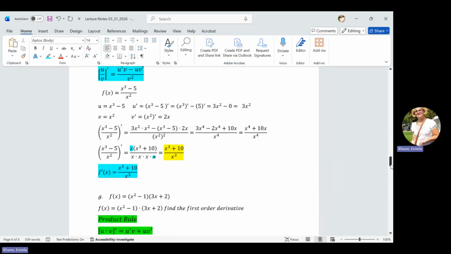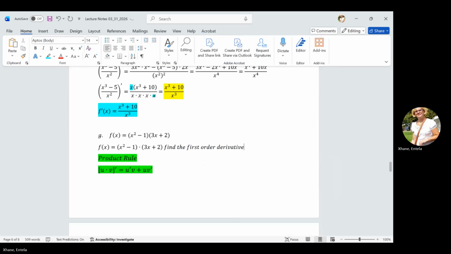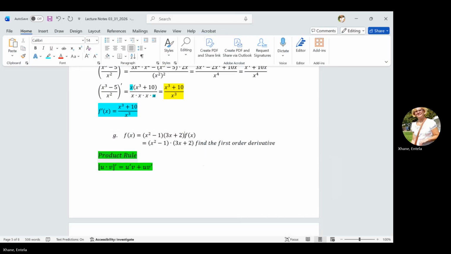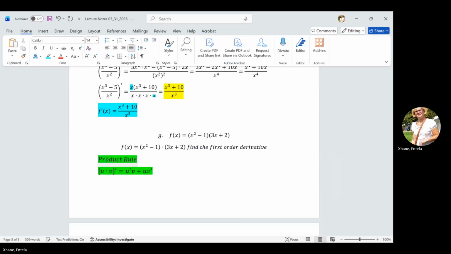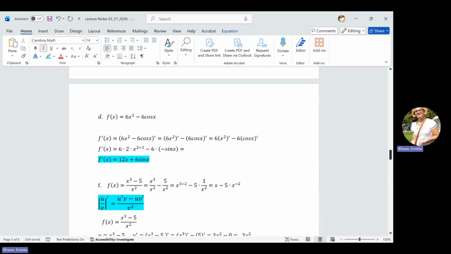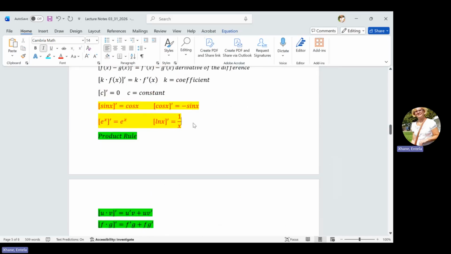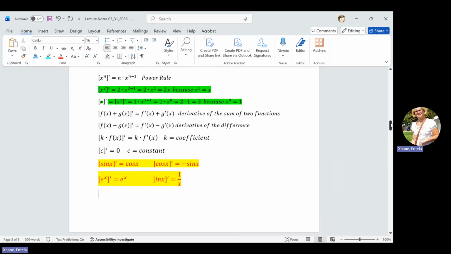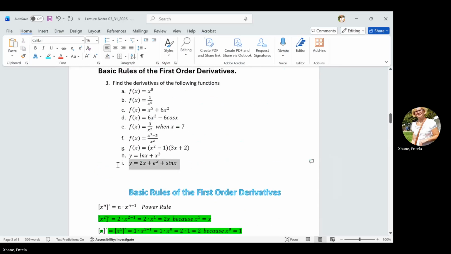And now finally, I'm going to look at the last one, and the last one is part I. We have a function with 3 elements.